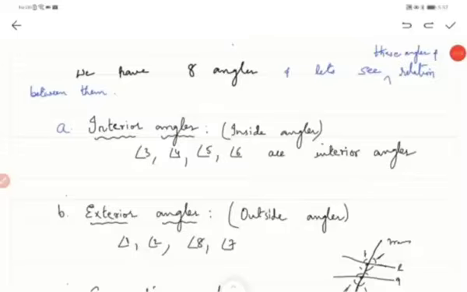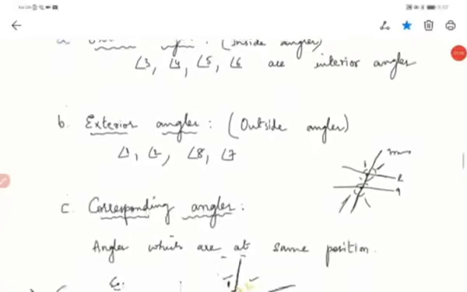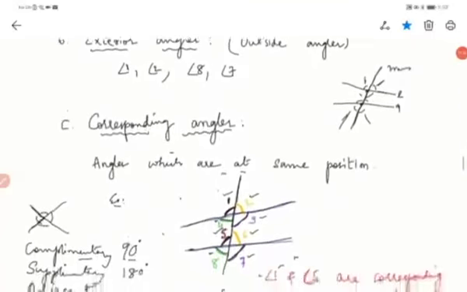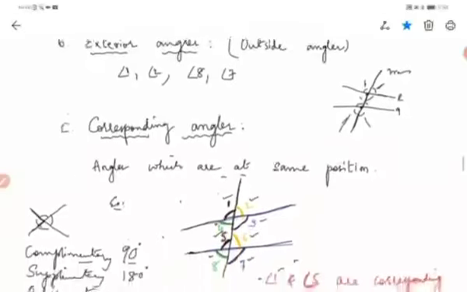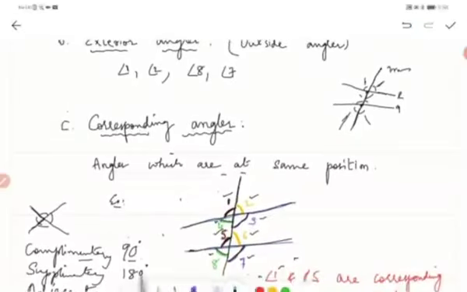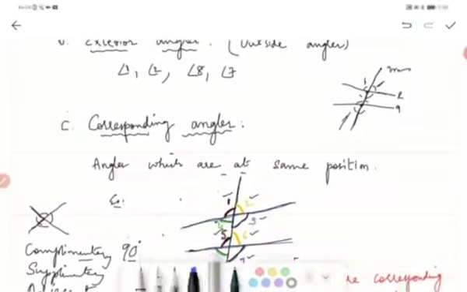Alright. So after interior and exterior angles, we had seen corresponding angles. So what were your corresponding angles? The angles which are at the same position, right? Same position means, I will show you with the red.